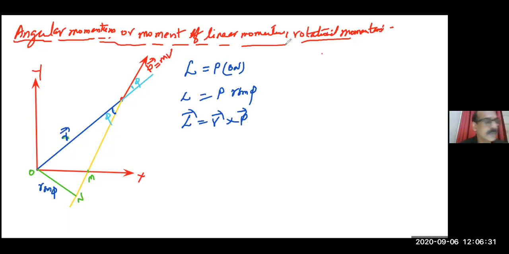Sir, what is L here? L is angular momentum, or moment of linear momentum, or rotational momentum. First write the definition.